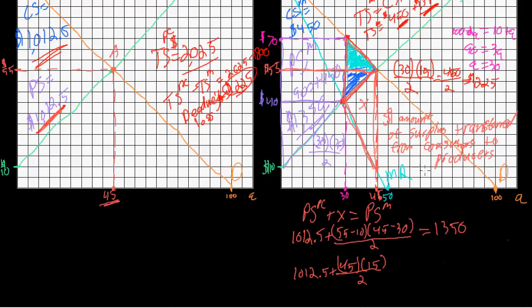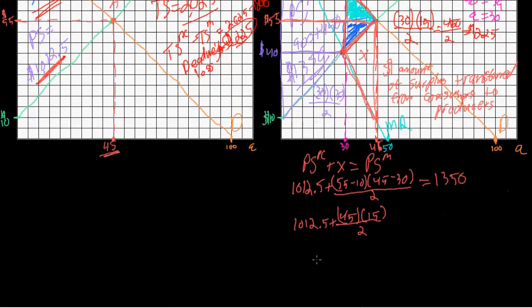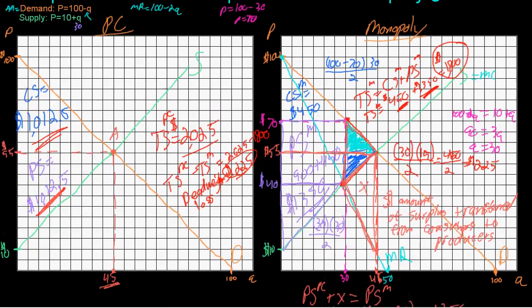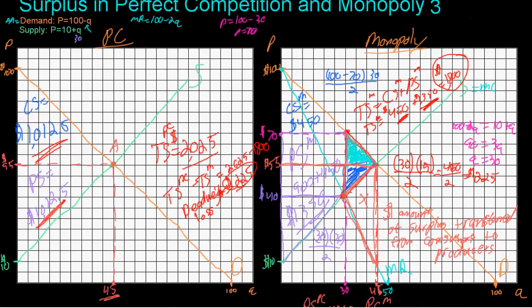So we get 1012.5 plus 337.5 is equal to 1350, which is exactly what we were expecting to get. So I can't really provide any intuition as to why that is, but just know that this triangle right here, this one in light red, or salmon, I guess, is the dollar amount of surplus transferred from consumers to producers.